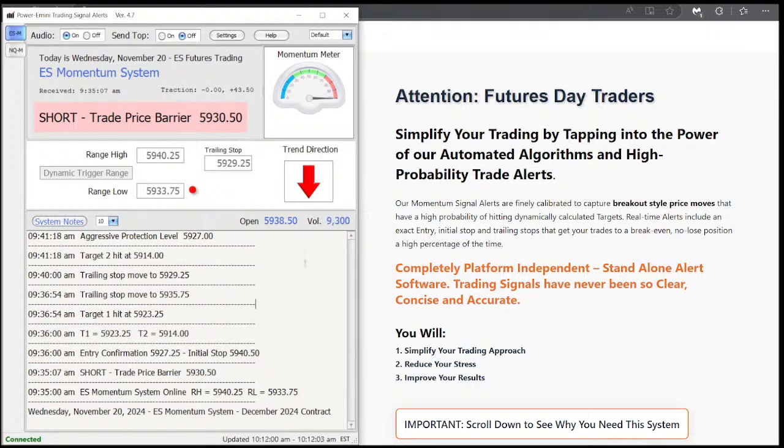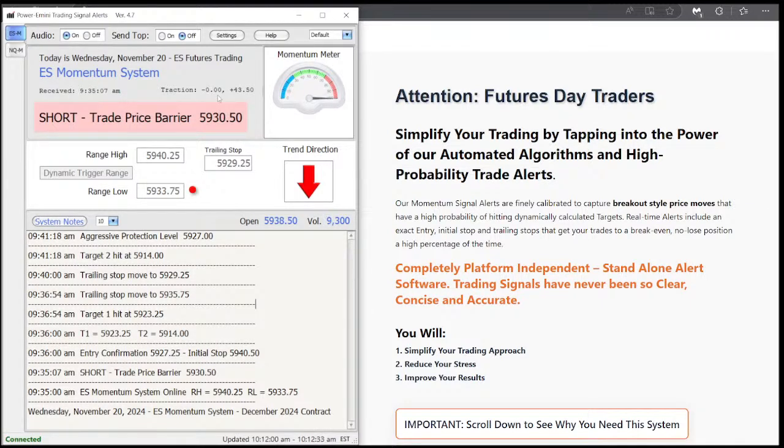Real quick, while I've got this running here live, note this little part at the top here, this traction. It's kind of interesting. It shows a timestamp for when the alert was received, and then once an alert actually triggers in, this traction shows you how many points price moved past the alert price, like a maximum, and it's basically a way to score each alert.